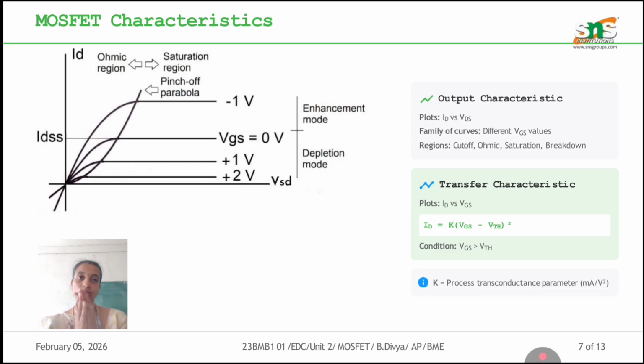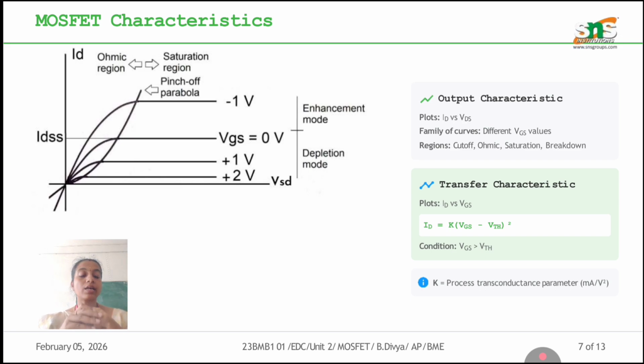The saturation region is where the entire voltage gets saturated, with a constant current flow. Pinch off is the point where the current gets saturated. That point is called the pinch off voltage.